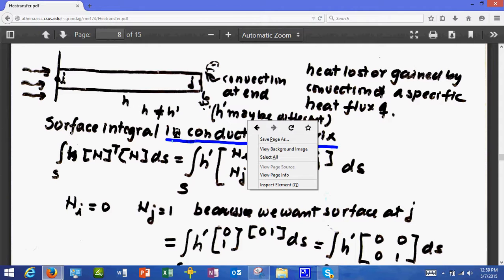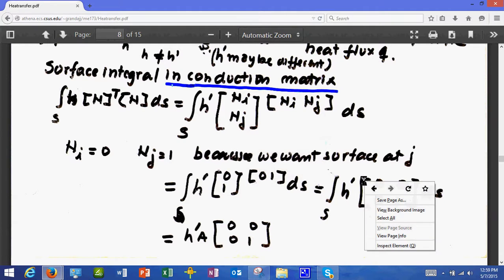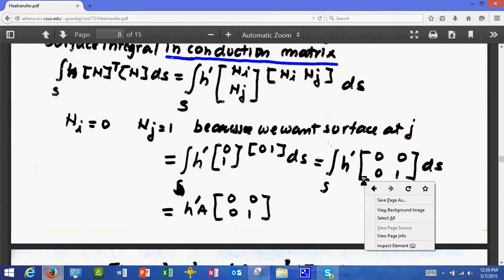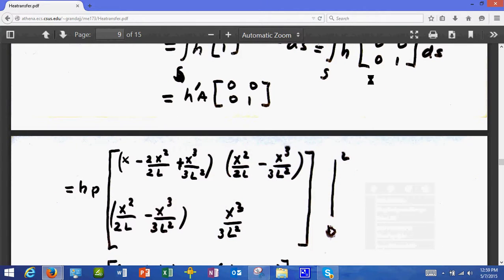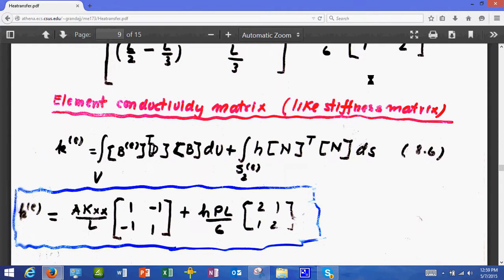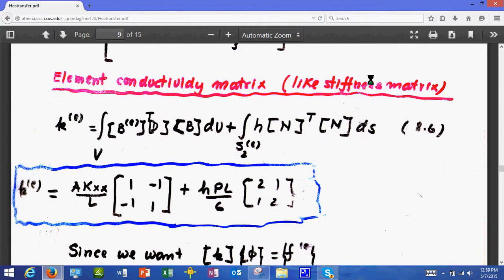Okay, so in here we have, if the convection coefficient is on the surface all around, which is what this is in here. Now, in this case, we have the global stiffness matrix based on the integration methods. And this is what you'll end up with.